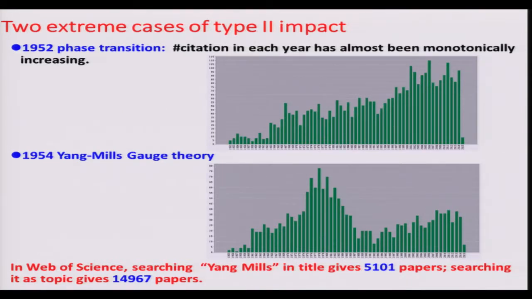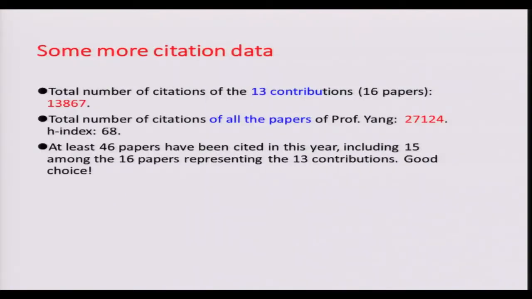You have this great impact. If you search in Web of Science using Yang-Mills in the title, it gives 5,000, and if you use it as a topic, it gives 14,000. So there is some more citation data.